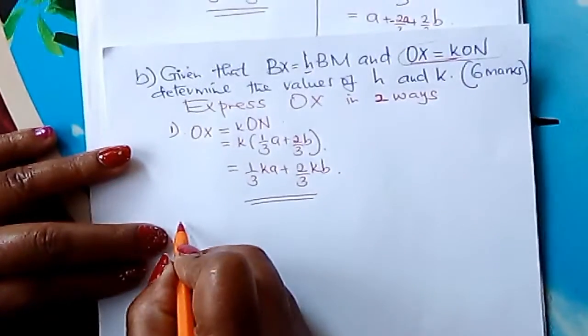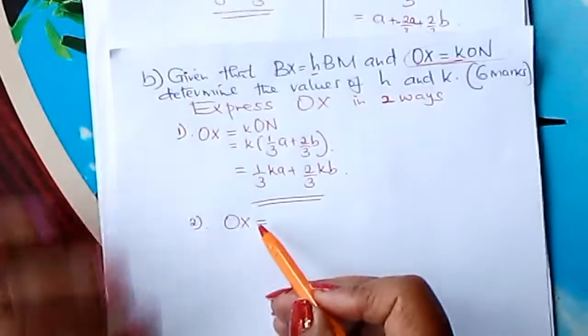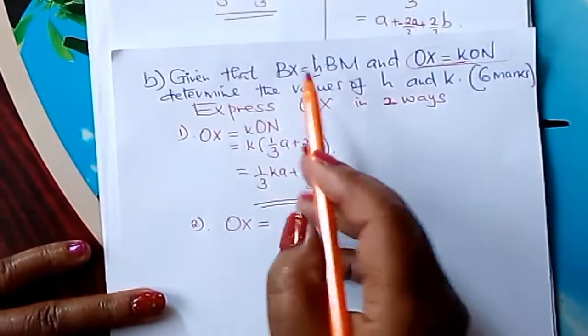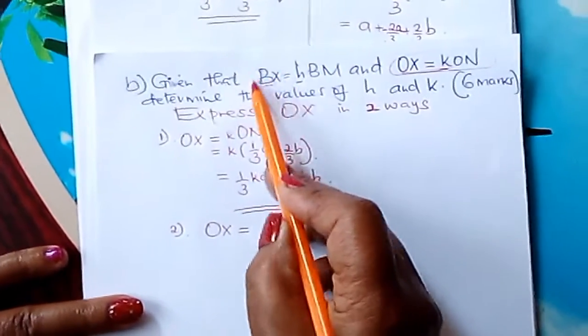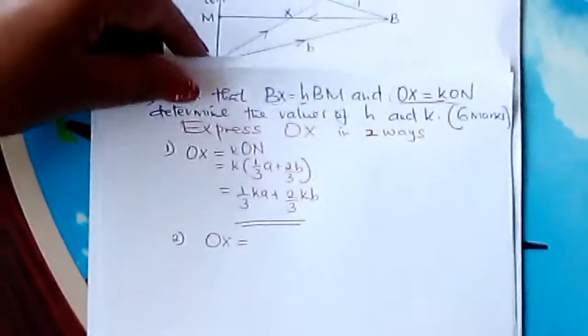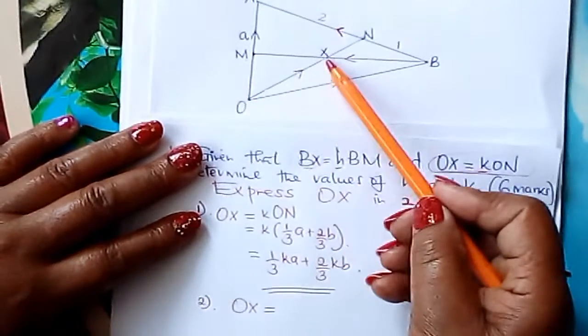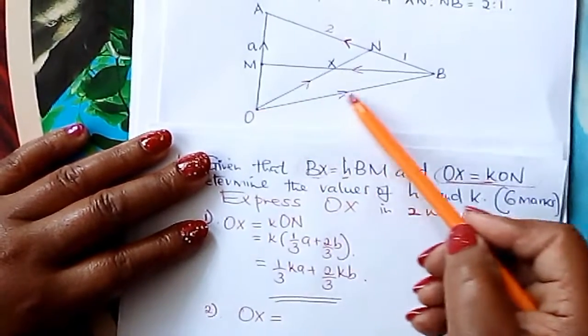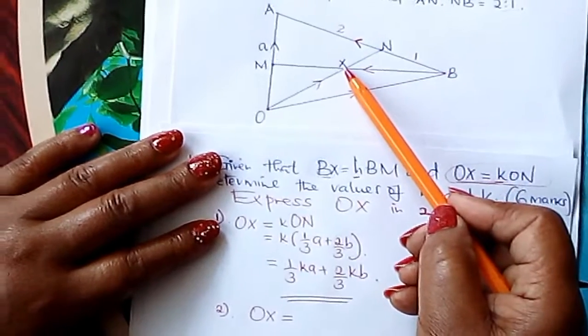Learner, we go to the second way of expressing OX. To express OX using the second way, you have to use this route here, BX. Make sure you use it. So you go to your diagram. You talk of OX, learner, is equals to OB plus BX. There we have our BX.